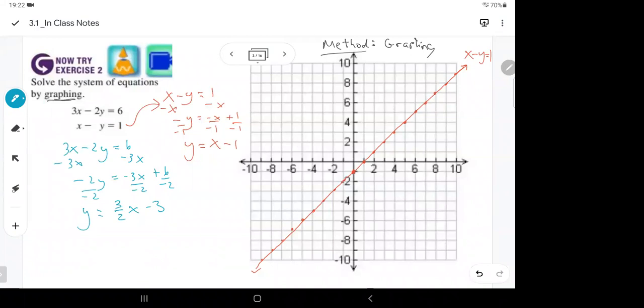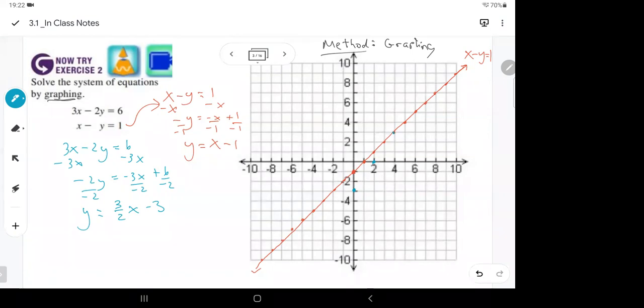We'll go to -3 on the y-axis, and we're going to go up 3 and to the right 2. Then up 3 and to the right 2, again up 3, right 2.